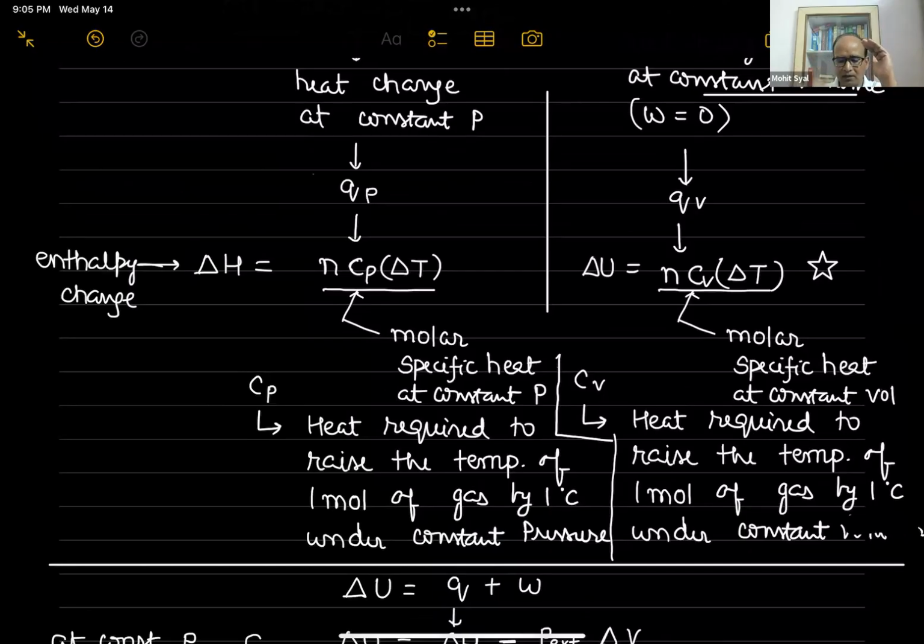Heat given at constant pressure is known by the name of enthalpy change, or the heat change at constant pressure. It can be measured by the change in temperature multiplied by molar heat capacity at constant pressure, into number of moles. They will give you the value, so don't worry about it.